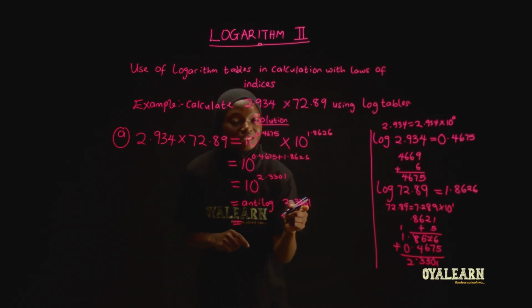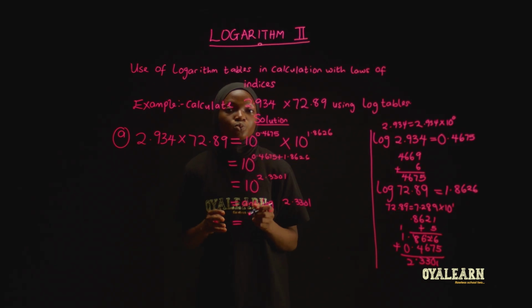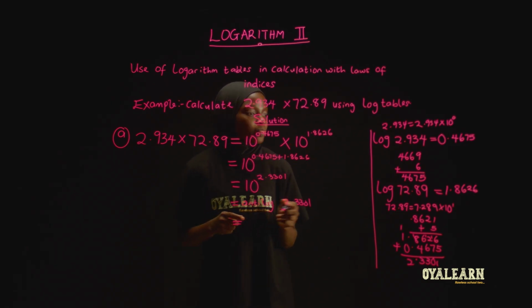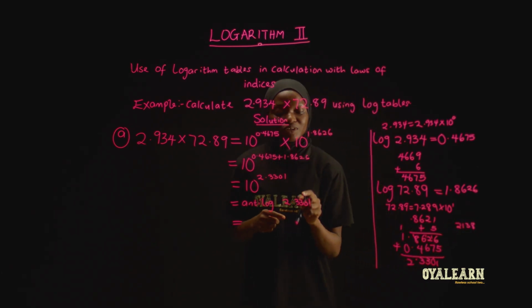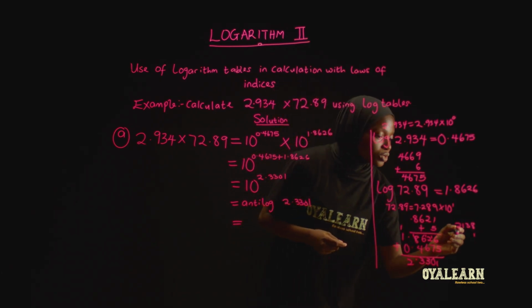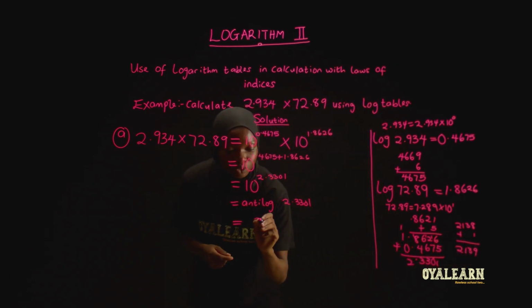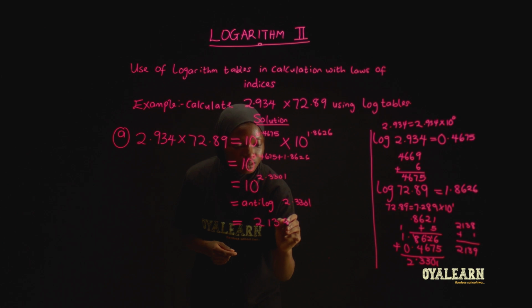And 33 under 0 will give us 2138. Then difference 1 will give us 1. So we add it together, we'll have 2139. So we write it out, 2139.